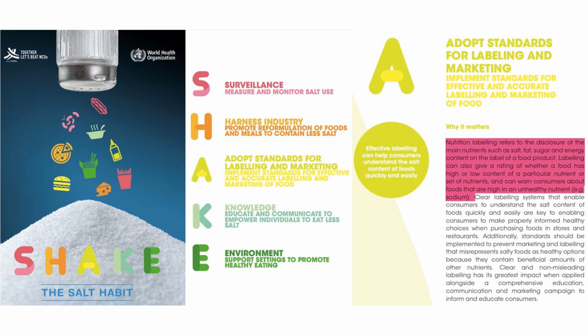Nutrition labeling refers to disclosure of the main nutrients such as salt, fat, sugar, and energy content on the label of the food product. It can also display a rating on high or low content of a particular nutrient and can warn consumers about unhealthy nutrients. Example, like presence of sodium and trans fats.